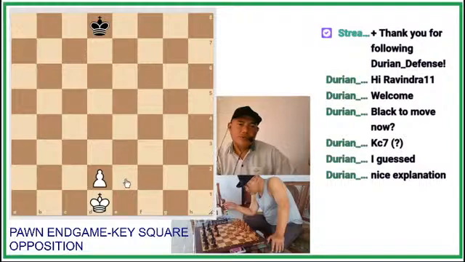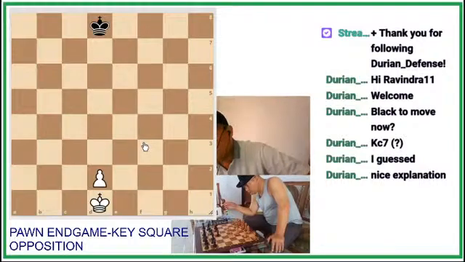So when you play a pawn endgame, you must remember the key square, how to get the opposition, and how to put black in zugzwang. Let's go to the next example.